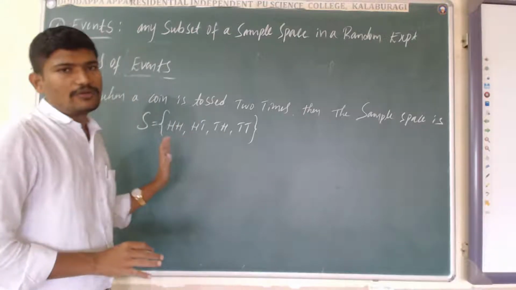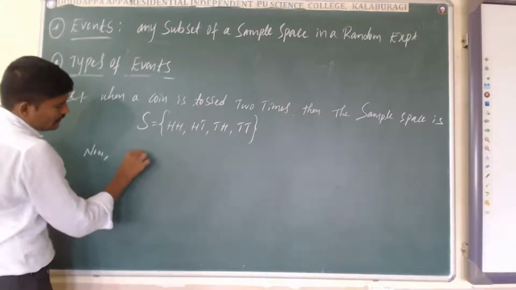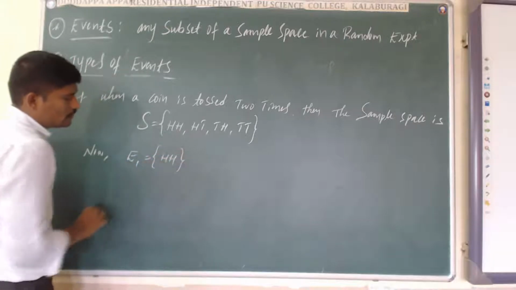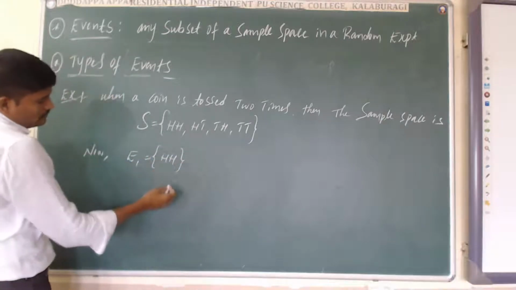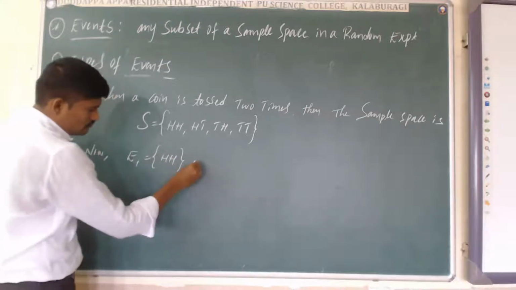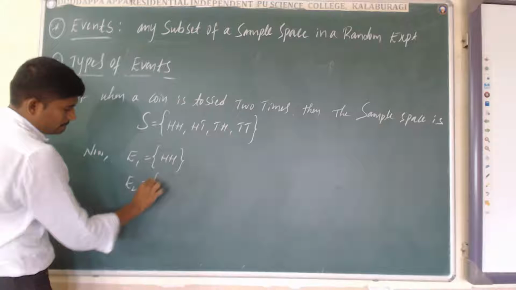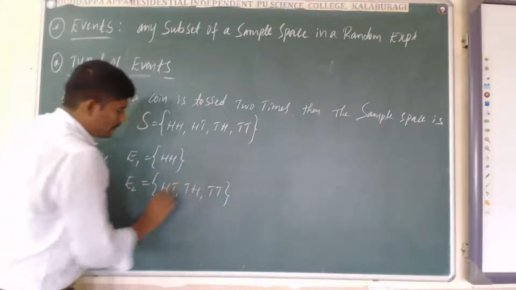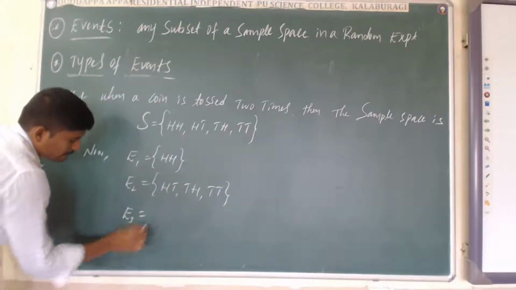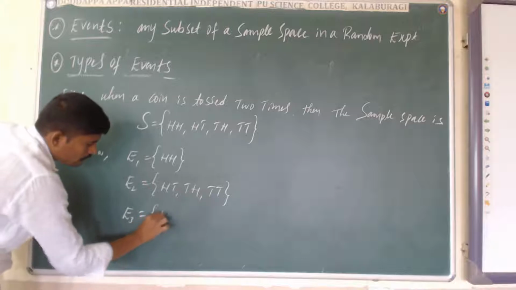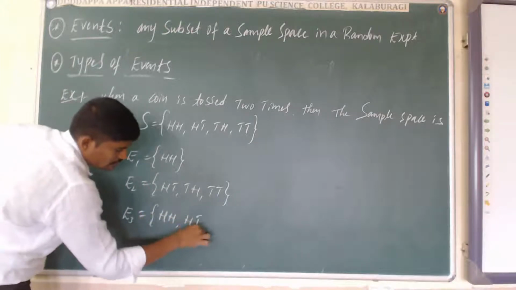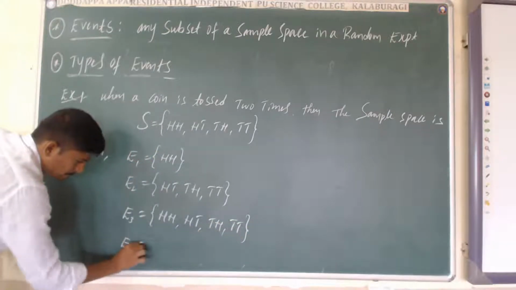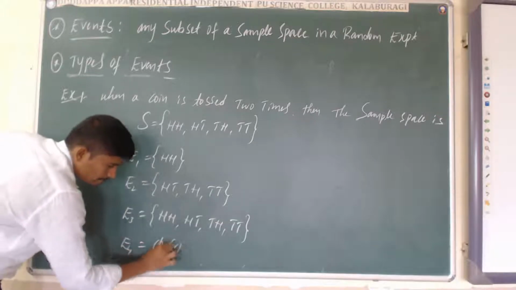So I will write here E1 equals HH, E2 equals HT, TH, TT, E3 equals HH, HT, TH, TT, and E4 equals phi, the empty set.